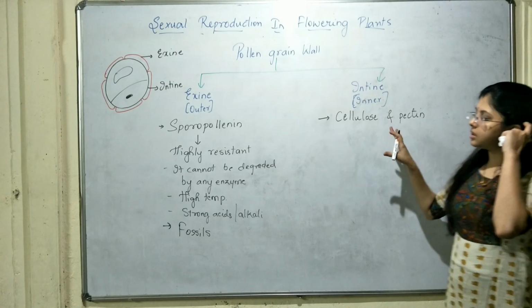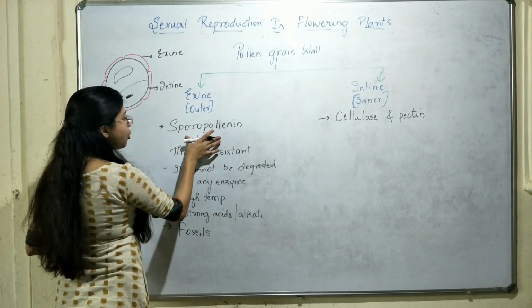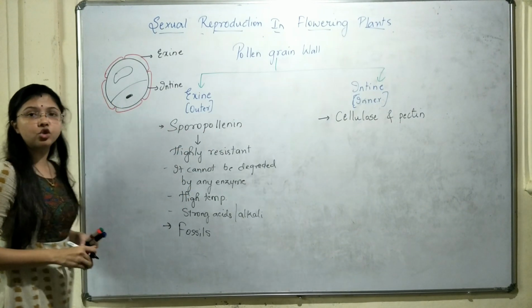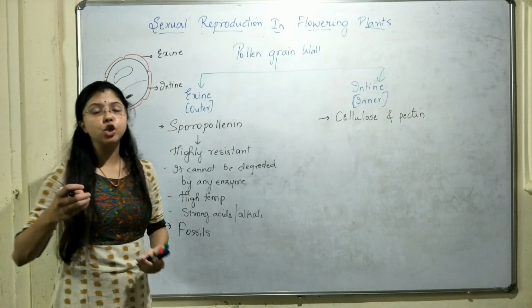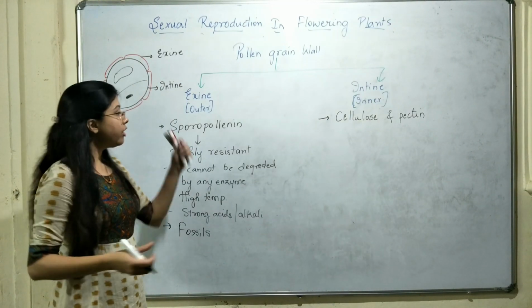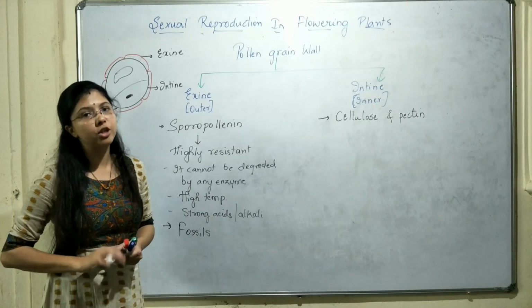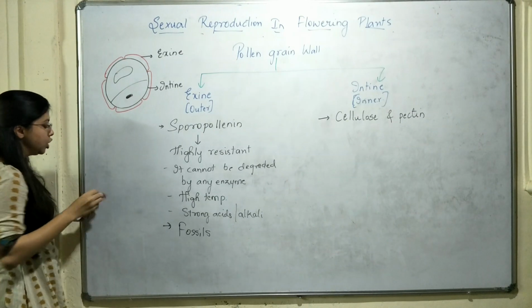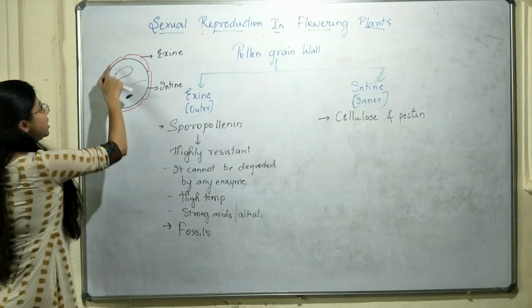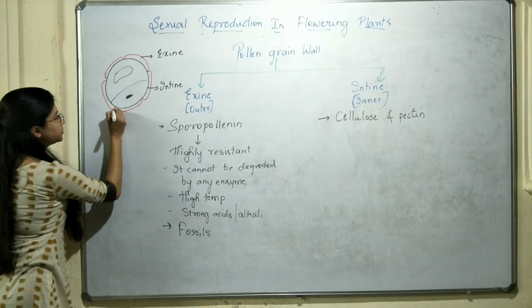Now, when you see the structure of the pollen grain, if I say that exine is made of sporopollenin and it is a highly resistant structure, you know that once the pollen grain lands on the stigma, it has to form the pollen tube. So if sporopollenin is highly resistant, how can pollen tube formation take place? If you see the structure of the pollen grain, there are certain regions where sporopollenin is absent.